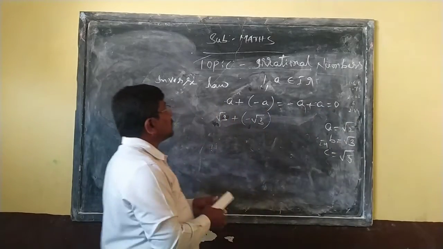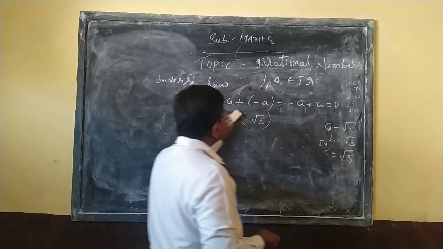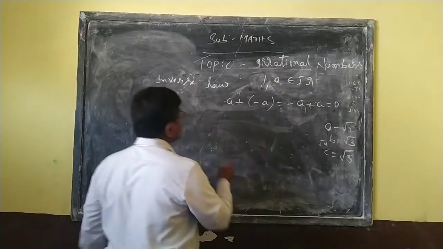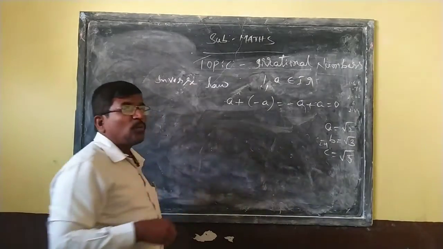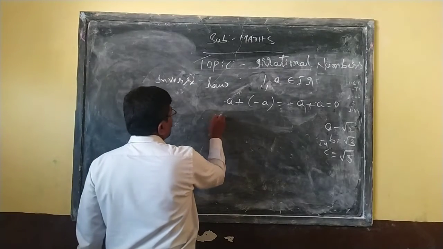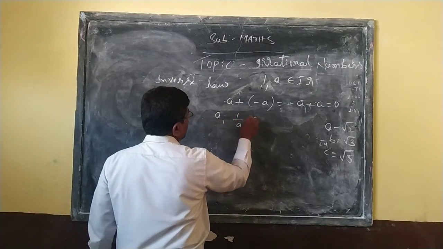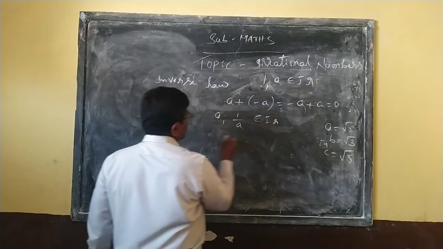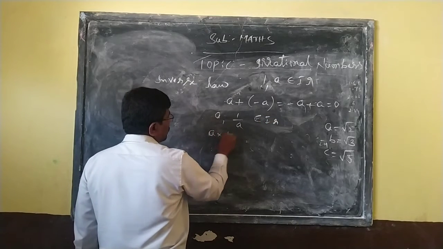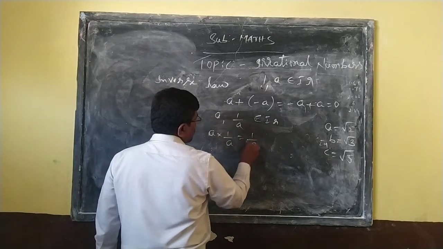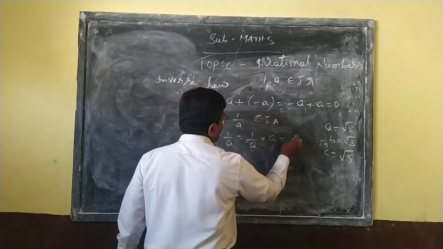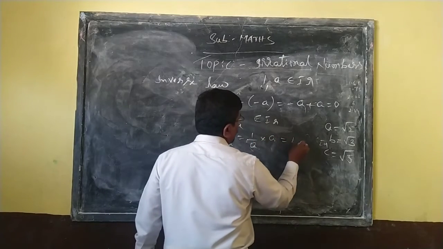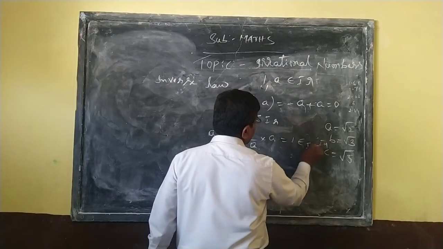Okay, students. And one more thing, that is multiplicative inverse, that is A into 1 by A. So A comma 1 by A belongs to IR. So that is A into 1 by A is equal to 1 by A into A is equal to 1 belongs to IR.